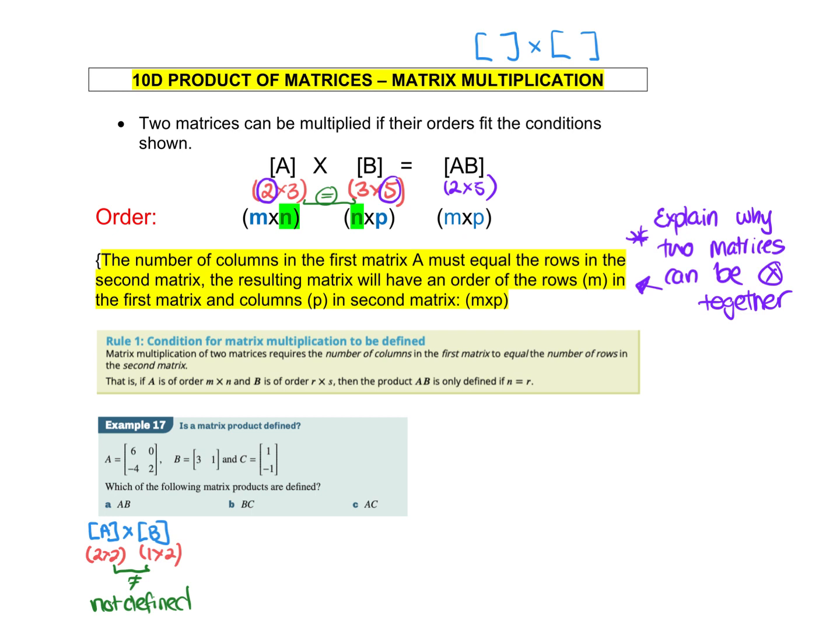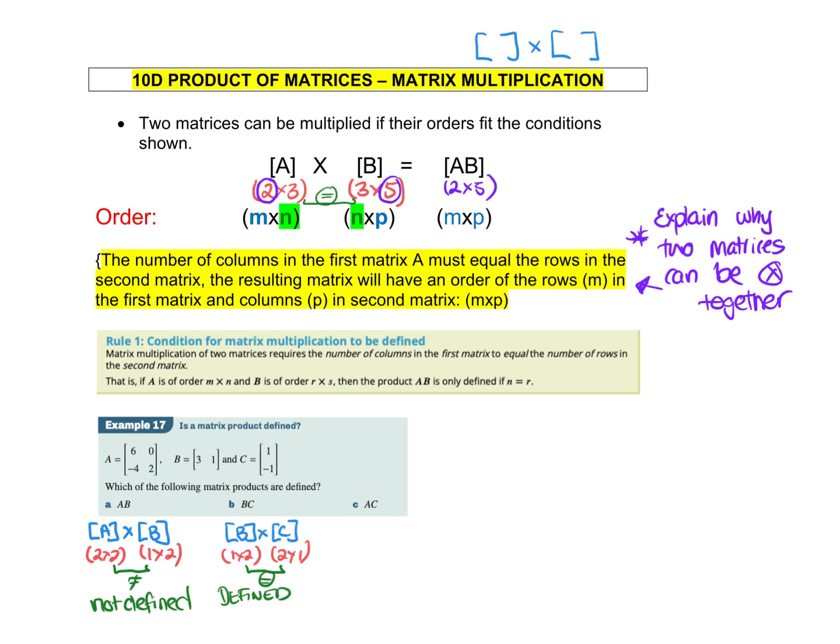So if we check out the next one, we had matrix B multiplying with matrix C. B is a 1 by 2 and C is a 2 by 1. Now, is that one defined? Yes, because they're equal. B is a 1 by 2 and 2, so it's equal. So yes, we'd say this one is defined.